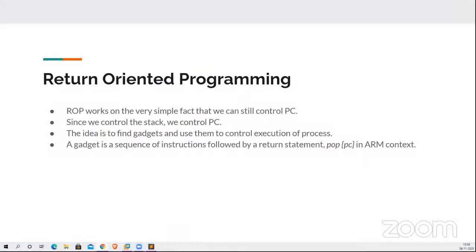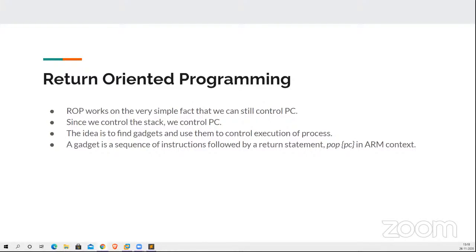ROP works on the very simple fact that we can still control the program counter. As you can see, we controlled the program counter and we pointed it to the stack. So we control the values on the stack and we control the program counter. Since we control the stack, we in turn control the program counter, because it is saved for returning to the previous function once the current function finishes execution.